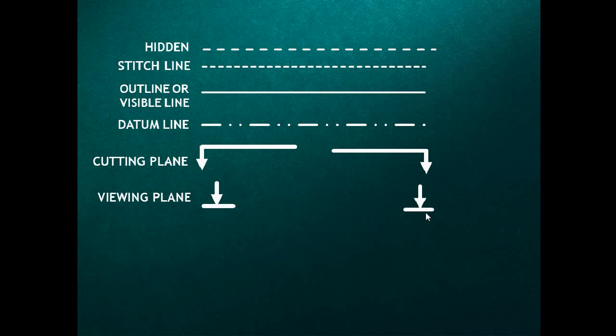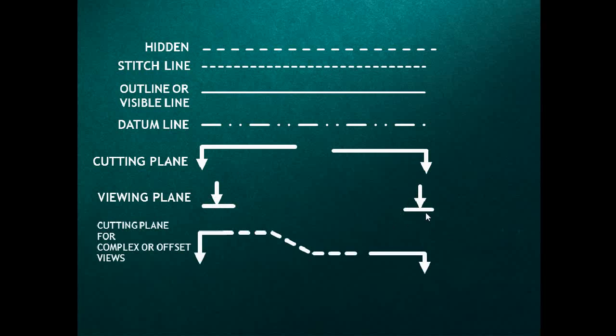And then the cutting plane for complex or offset views is usually used in design drawings in engineering and even in architectural drawings. These are much more complex, to cut the section of that specific area of whatever you're trying to produce a detailed drawing of.